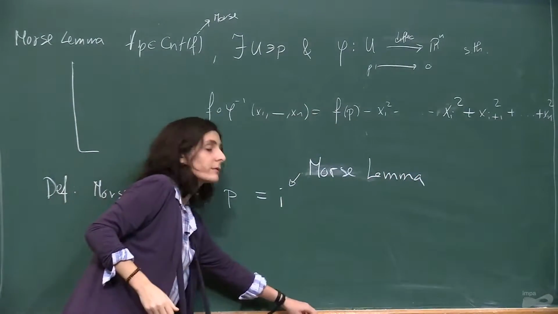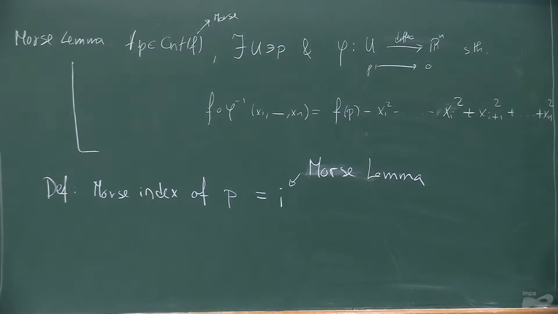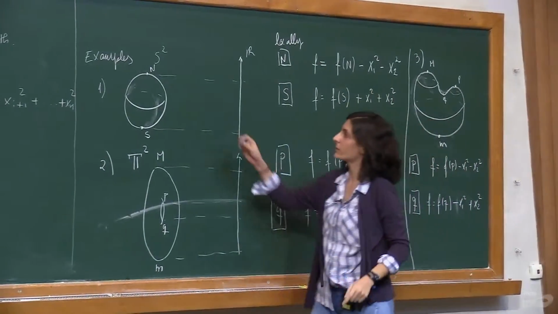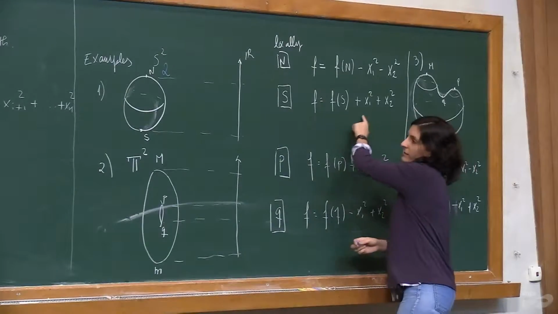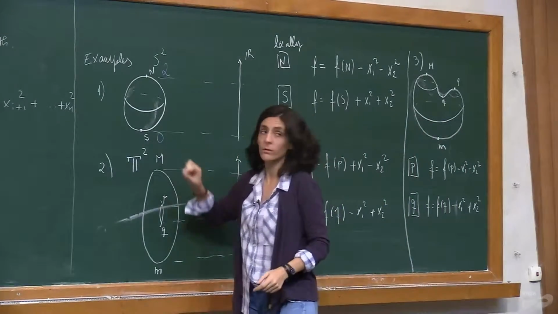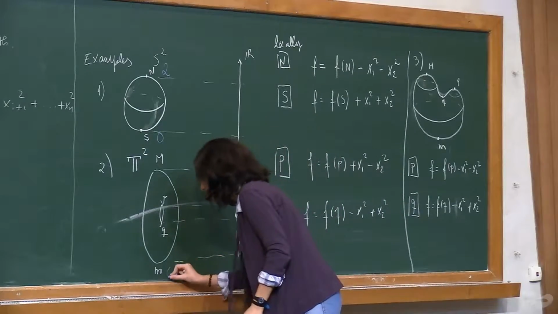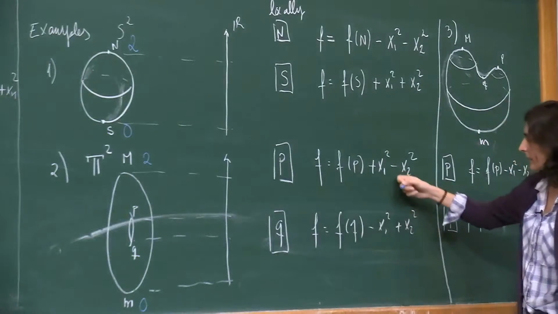So let me go back to that picture. Here for the North Pole, so the maximum, I have 2 negative signs here, so this has index 2. Here I have no minus sign, so this has index 0. Here, again, this minimum will have index 0. The maximum will have index 2. Here I have 1 negative sign.